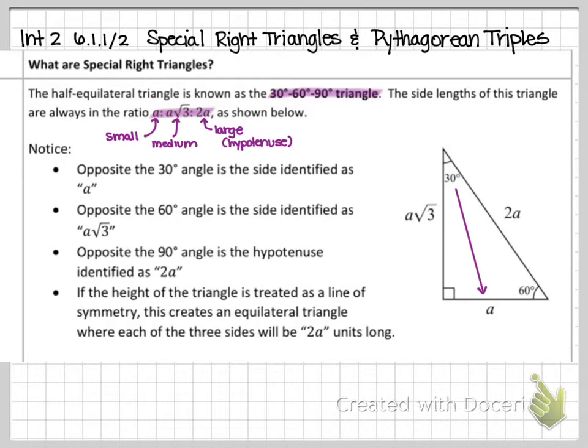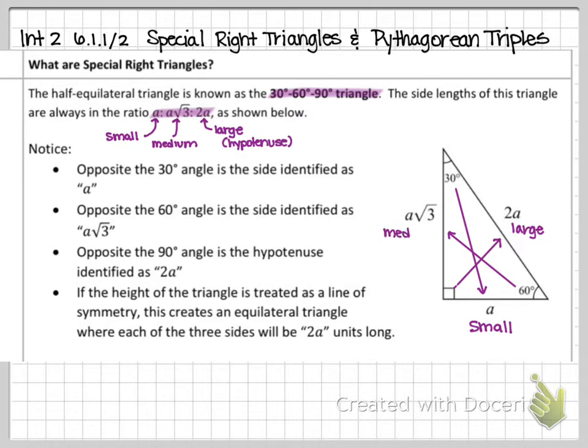That's where the A is. Smallest angle, smallest side. The largest angle is the 90 degrees, and across from that is the largest, or longest, side. And if we start at the medium-size angle of 60, then opposite it is the medium side length, which is A root 3.